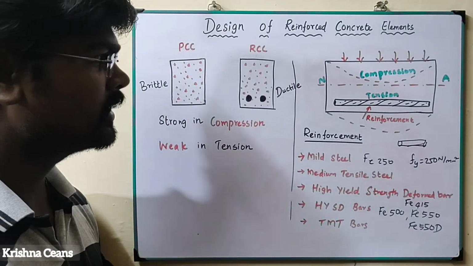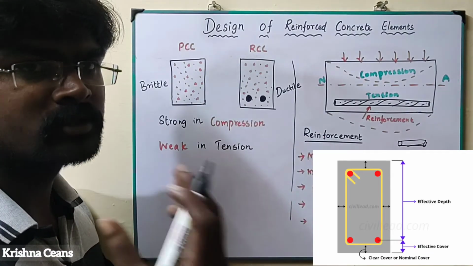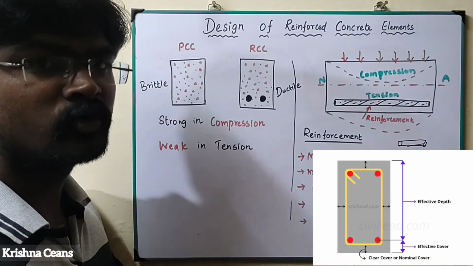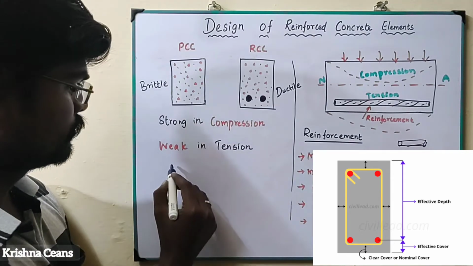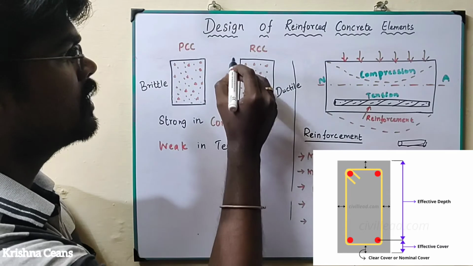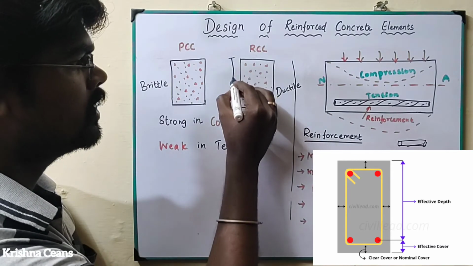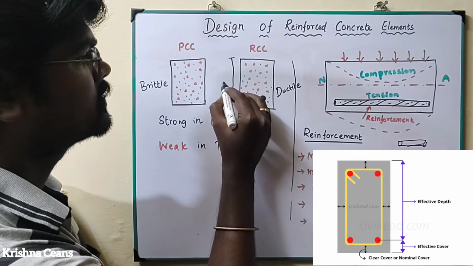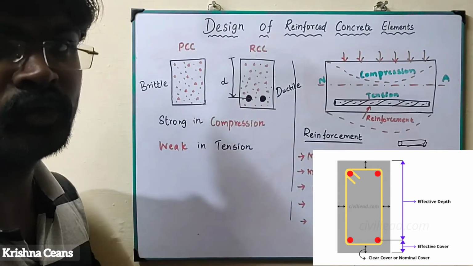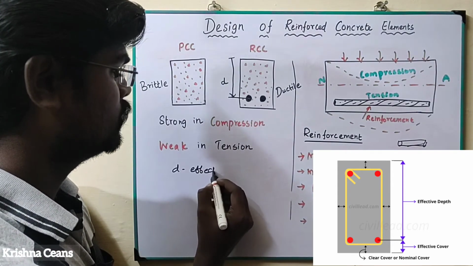Next we have to know how much cover has to be provided for the different elements. In RCC, from the top surface of the concrete down to the center of the reinforcement we call it D, the effective depth.